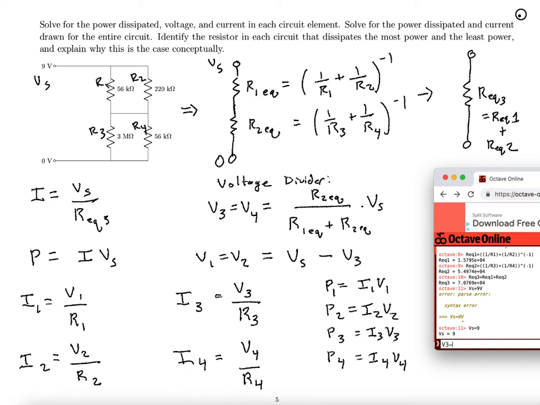V3 is R equivalent 2 times Vs divided by the quantity R equivalent 1 plus R equivalent 2. V4 equals V3. V1 equals Vs minus V3. V2 equals V1, again because they're connected at the top and bottom.